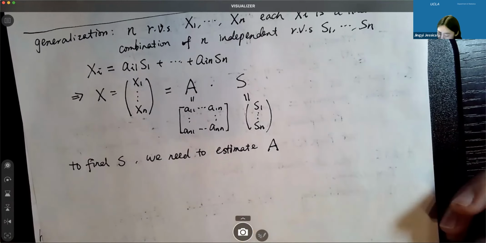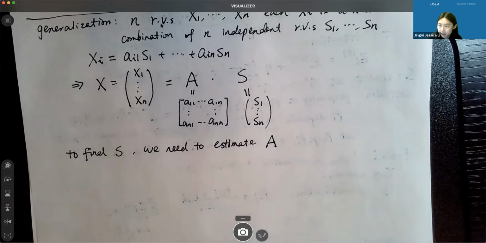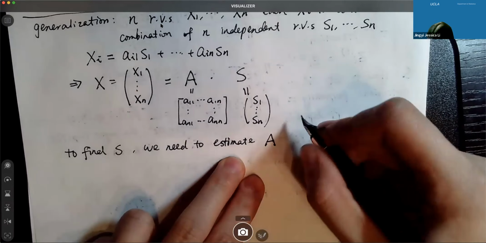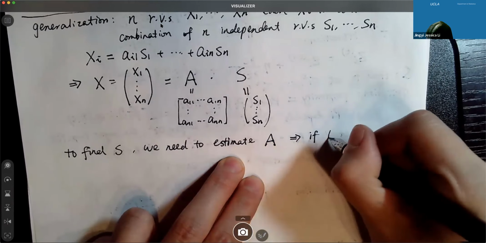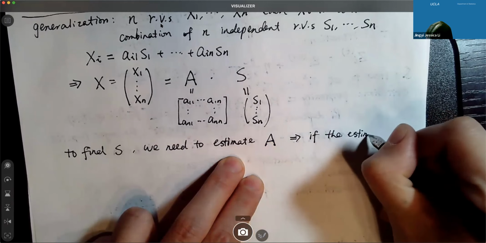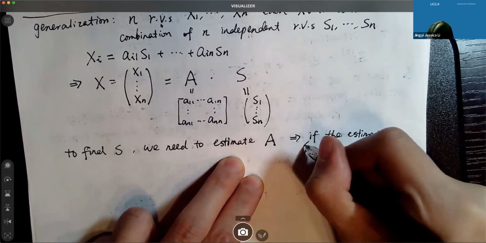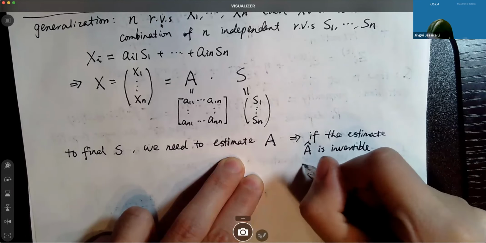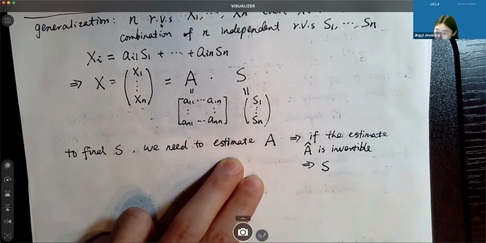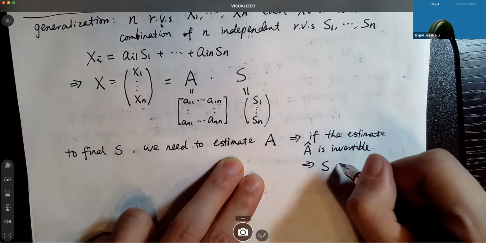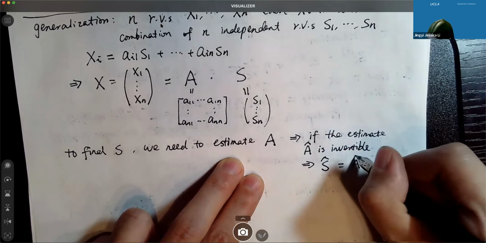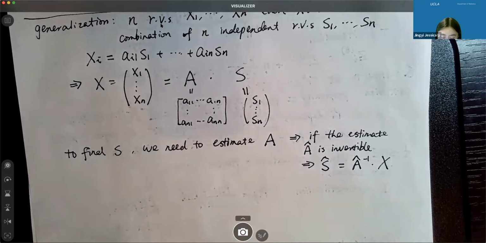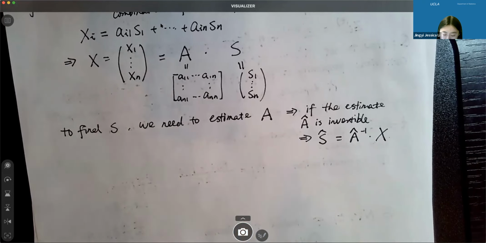That's the basic setup. Then we have multiple ways to estimate this A. So let's say the estimate A hat is invertible, then we would just write our inferred S, this vector, as A hat inverse times X. That's the solution. So how to estimate this A is a parameter estimation problem.